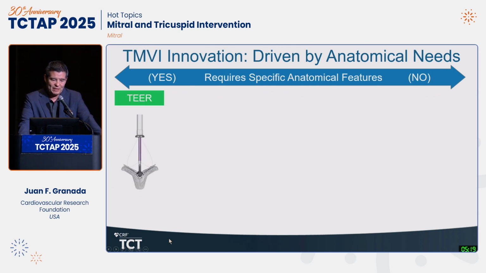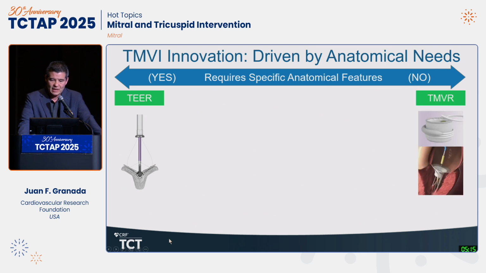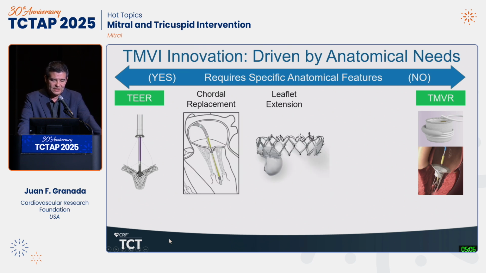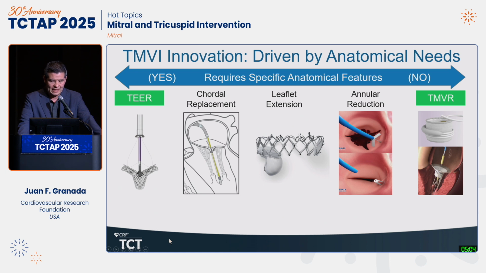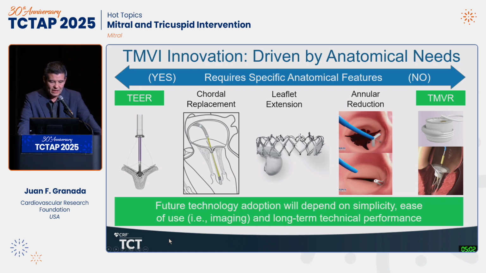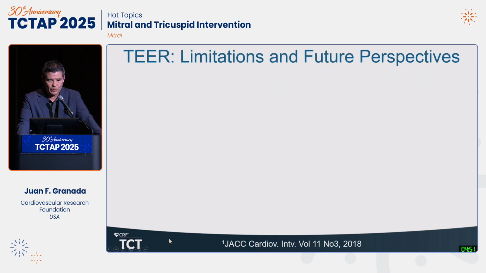Here we have on one end of the spectrum technologies like TEER that depend on specific anatomical features, and on the other extreme is TMVR, that at least claims to be more agnostic to the anatomy, with several technologies in between that require specific anatomical characteristics. For this to work in the future, though, technologies need to be simple, easy to use, especially on the imaging side of things, and obviously have long-term technical performance.